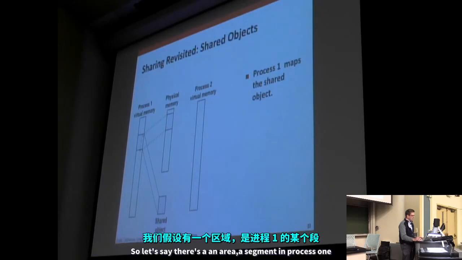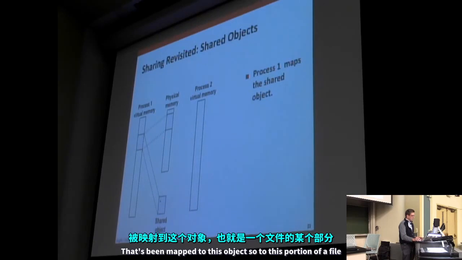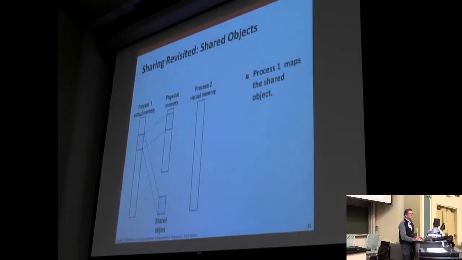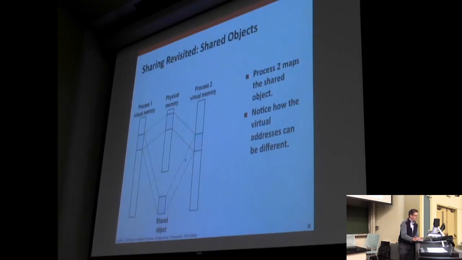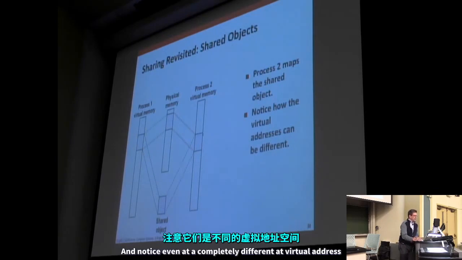Let's say a segment in process 1 has been mapped to this portion of a file. Now, process 2 can also map to that same object, and notice, even at a completely different virtual address.